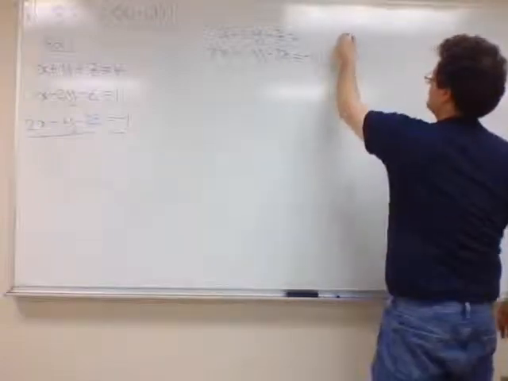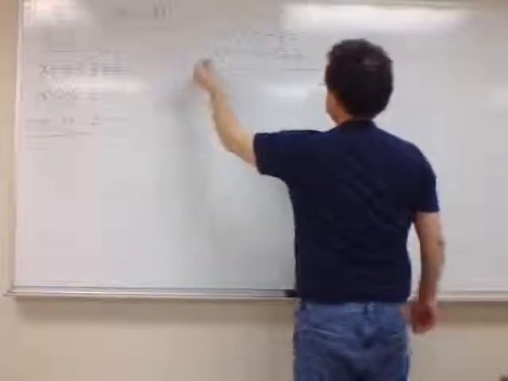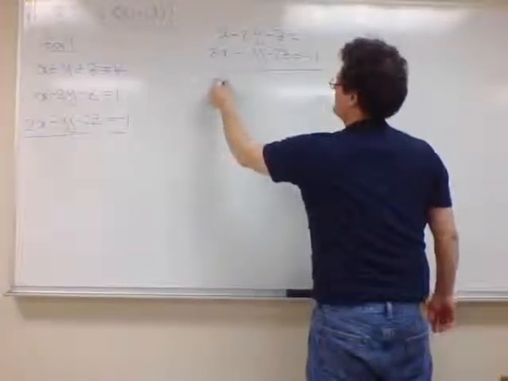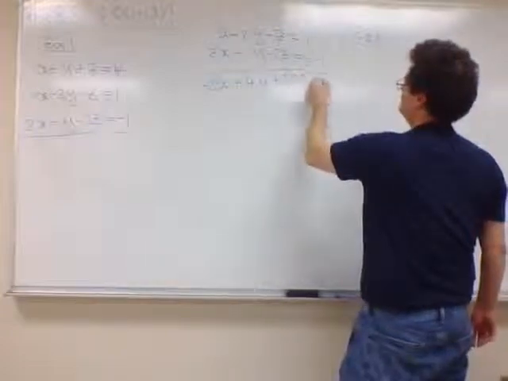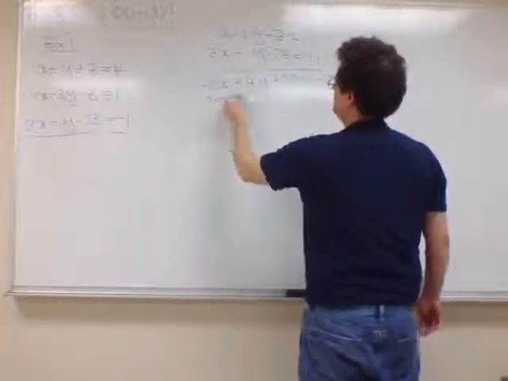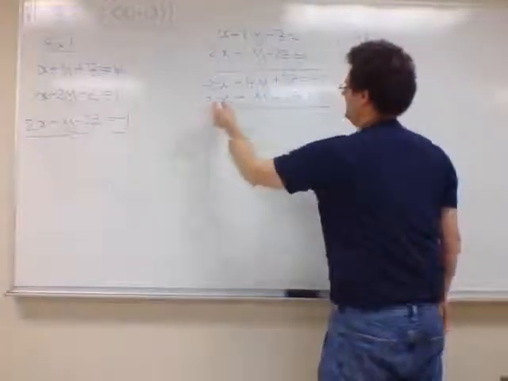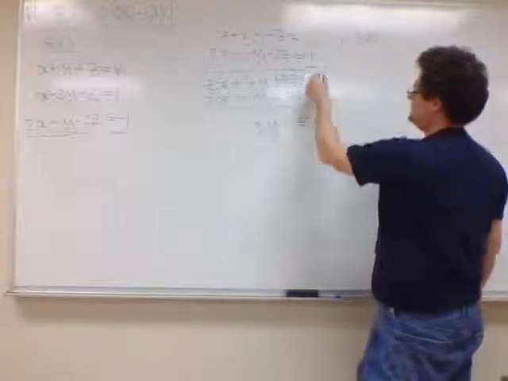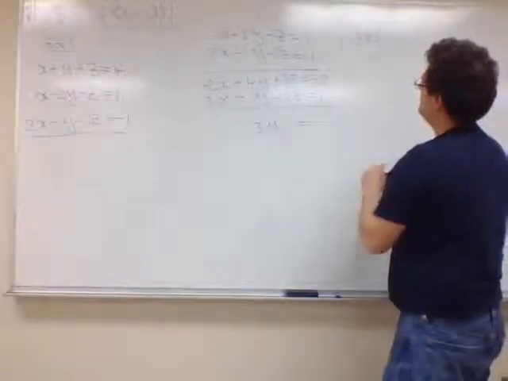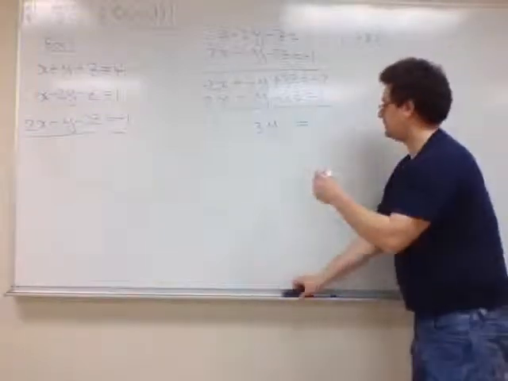Now we flipped the coin and decided to eliminate the z. So we get -2x plus 4y plus 2z equals -2, and 2x minus y minus 2z equals -1. When we add these up, we get 3y, and again I'm copying wrong.